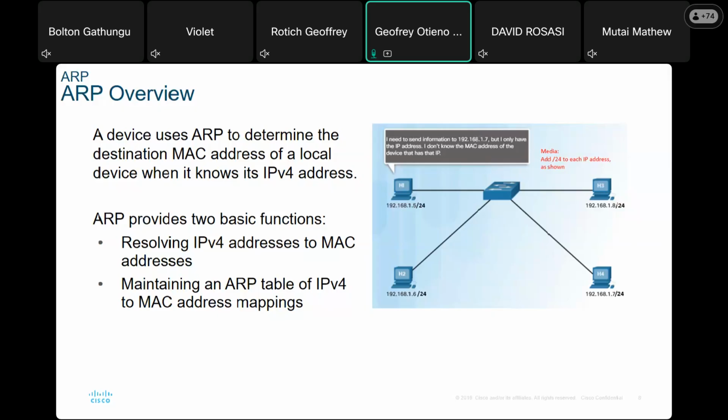So if we check the ARP table of each and every device here, what will be populated within these tables will not be your own address as that PC, but the address of the other device on the network.